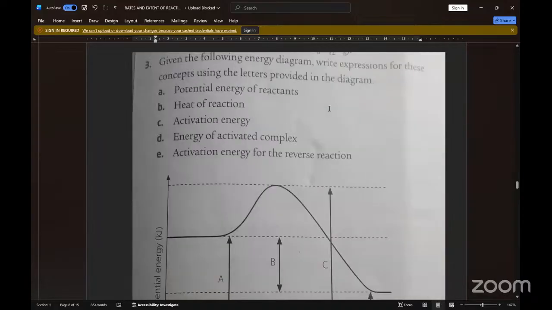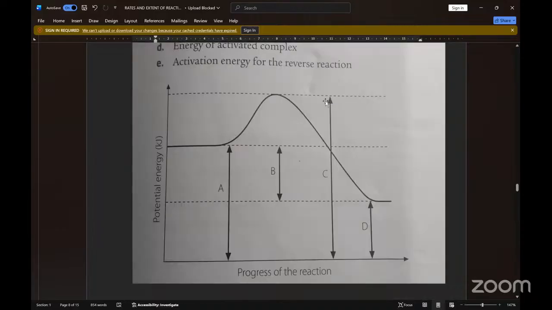This is a question I took from a book. It says that given the following energy diagrams, write the expressions for these concepts using the letters provided in the diagram. A, potential energy of the reactants. So the potential energy of the reactant, remember you always start with your reactant here, and this is your products, okay?